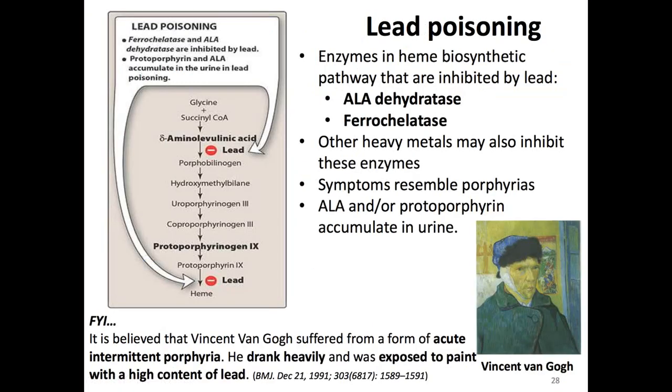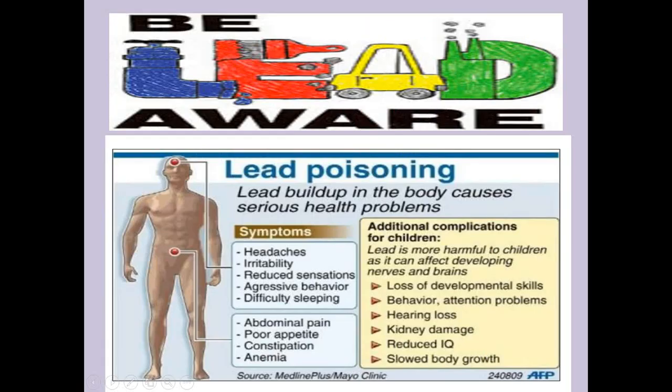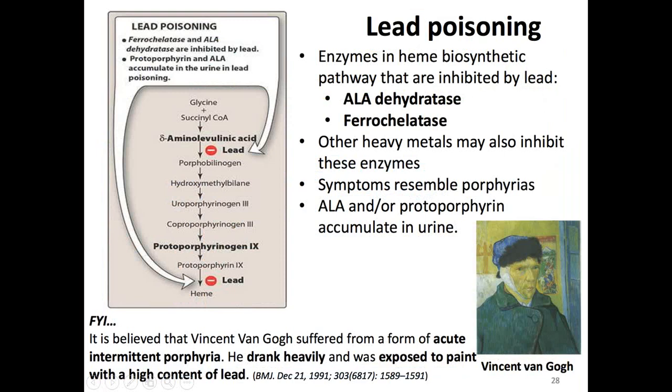So, lead poisoning. How does lead poisoning occur? Lead, as you see in this formation of heme, acts at two steps, step number 2 and step number 7. The lead acts as a cofactor in these two steps.